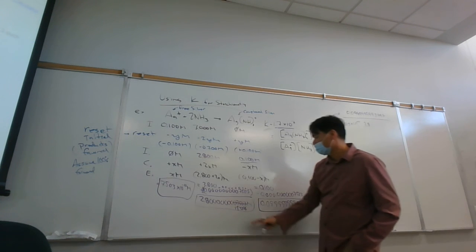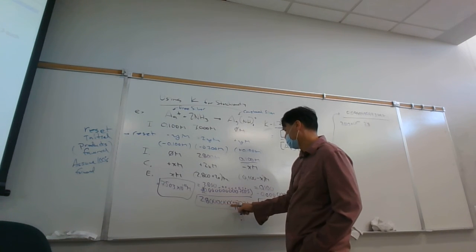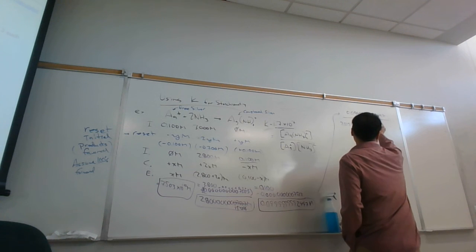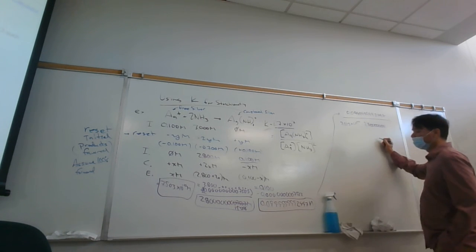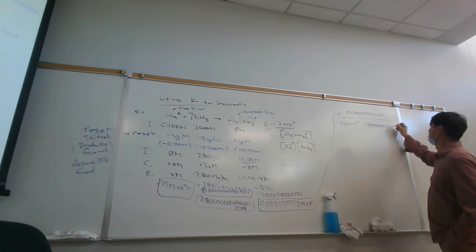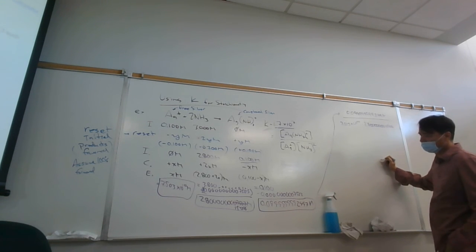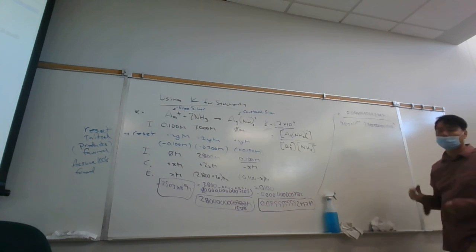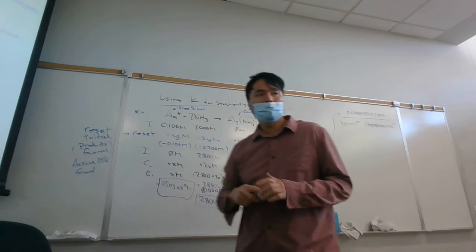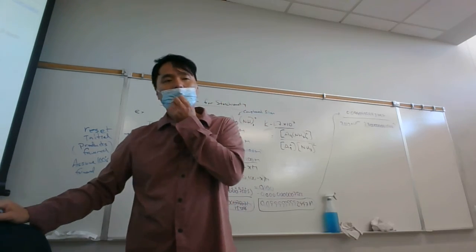Then how many zeros do I have? 7 zeros, then 15006. I think that's right. Square. Okay, can somebody calculate that and see what the K comes out to?